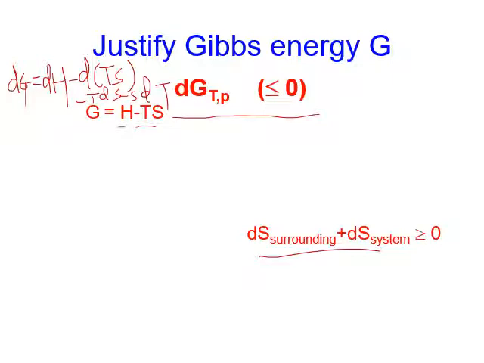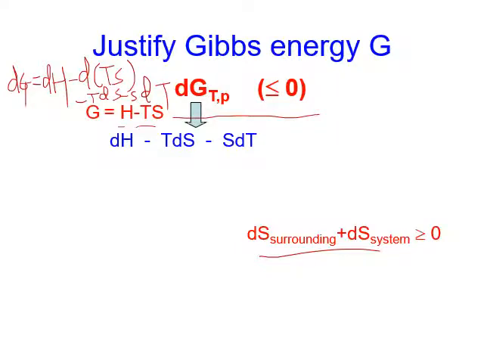So one is keeping temperature constant and changing entropy; the other is keeping entropy constant and changing temperature. Therefore dG is dH minus TdS minus SdT.